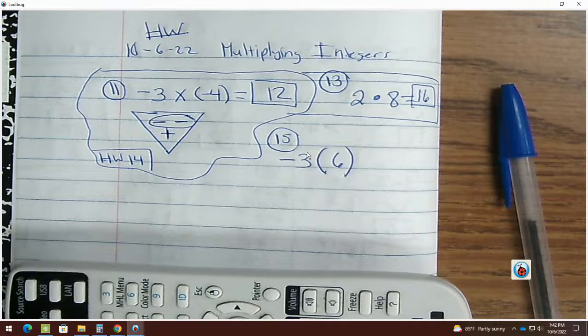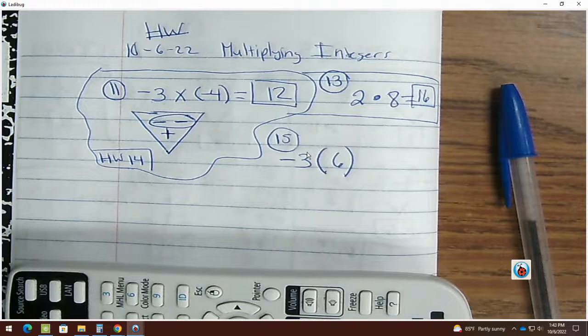So a number next to parentheses means multiplication. Let me tell you again. A number next to parentheses means multiply. Don't forget that. Okay? So esto es negativo 3 por 6. Esto es por. Es multiplicar también.